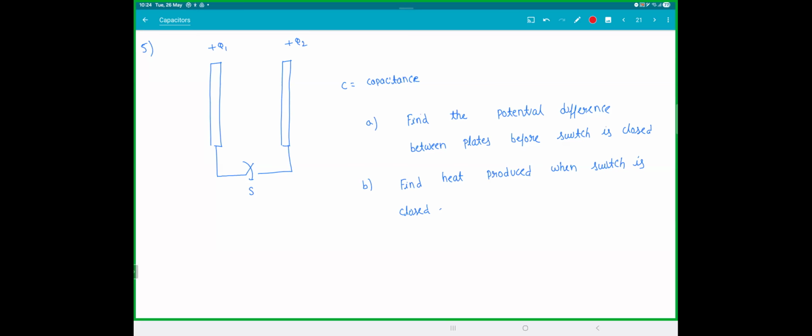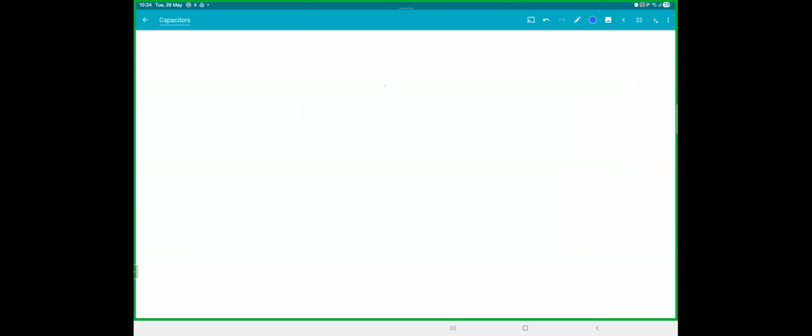Okay, let's see. Let me ask you a few questions. When you say Q is equal to CV, what is this Q exactly? Is Q the charge on the capacitor? Or is Q the charge on the positive plate? We have to be clear about this.